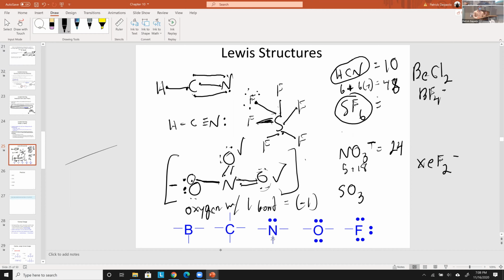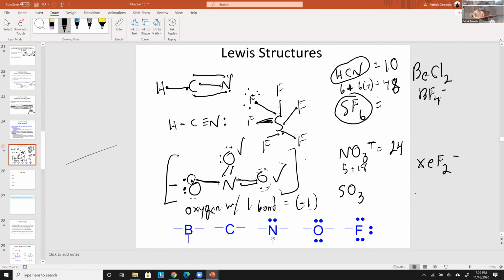So if you see a single bonded oxygen, that means that oxygen is -1 charge. That's another way you could figure it out. And also, this electron needs to be on the oxygen because it can't be by itself. It has to be paired with another electron. So those are general concepts that apply to this, and there's a bunch of them. I understand if that's difficult, but we'll do more examples.